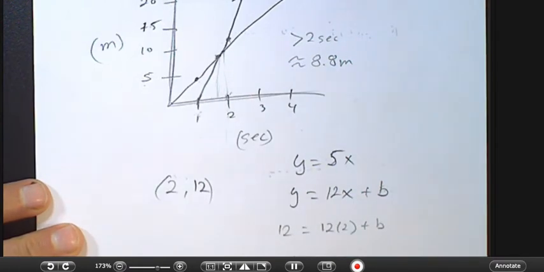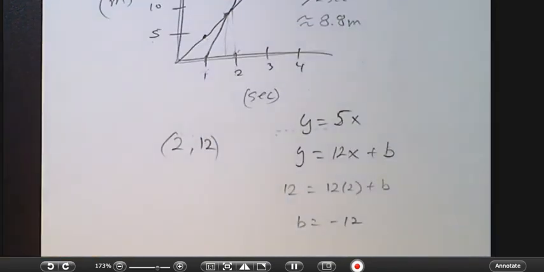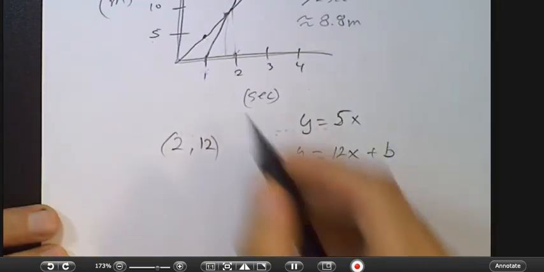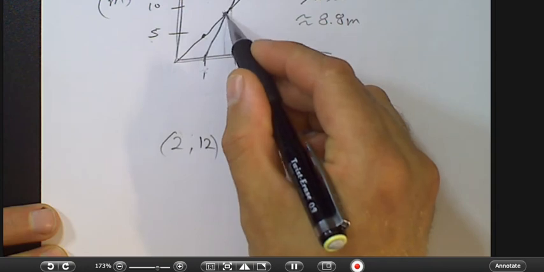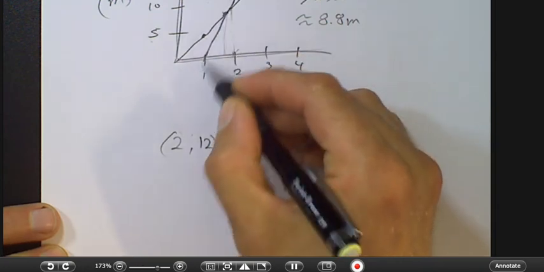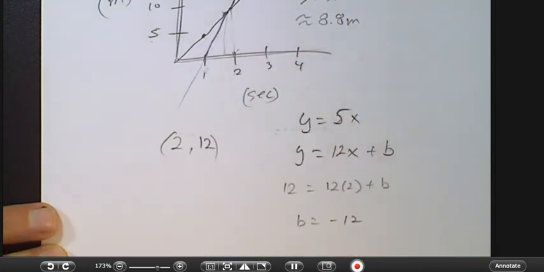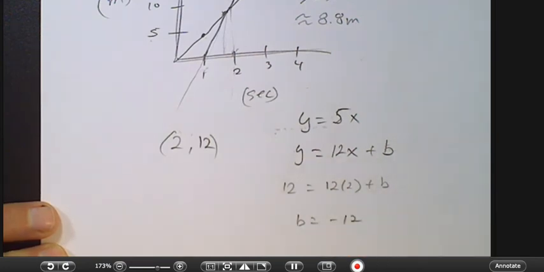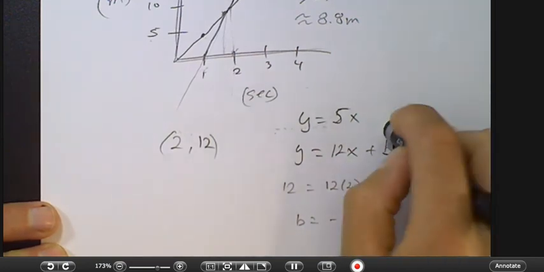So then b equals negative 12 if I solve that out. So you could do that. You could also think, if it passes positive 12 here and mirror down there, it would cut through negative 12. This is probably a good way to do it. Go back to some of those rules you got.